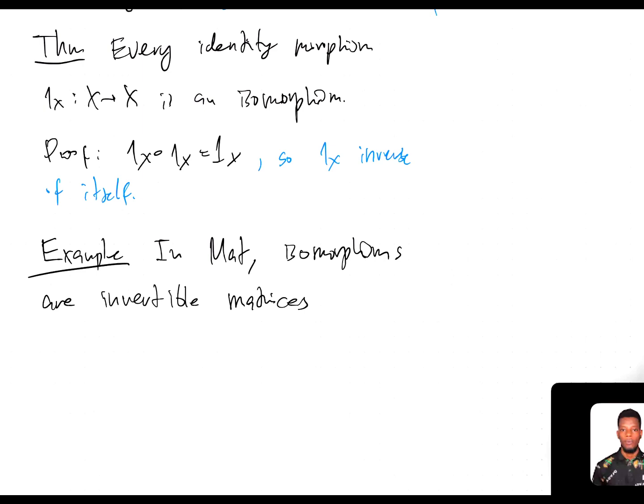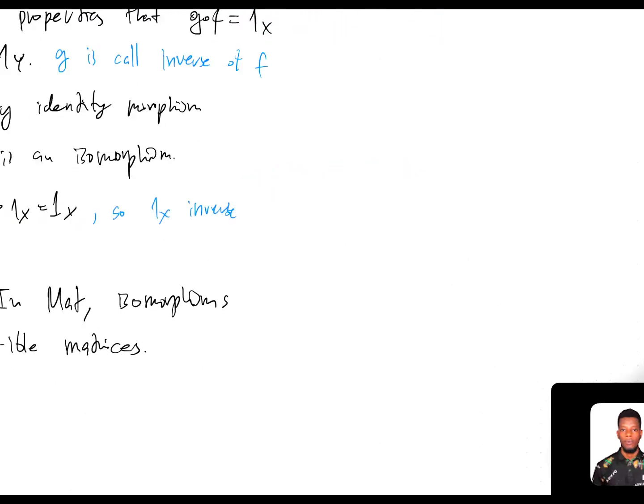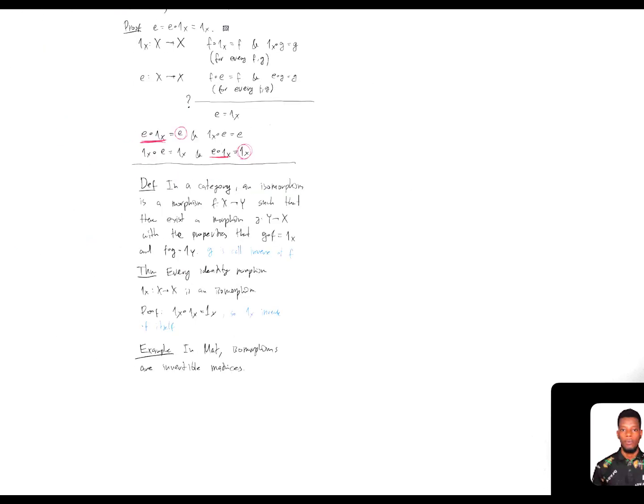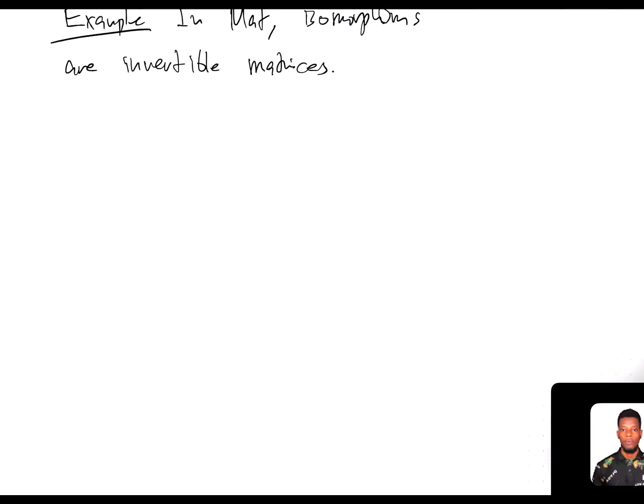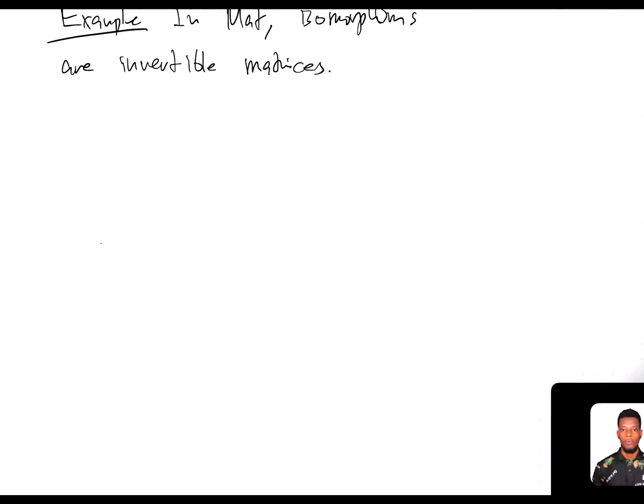You've got a category, and then you said something about isomorphism. What do we know about that category? Let's say there is an isomorphism that exists between two objects within the category, X and Y, for example. My question is, is it always the case that an isomorphism will exist between every other object within that category?